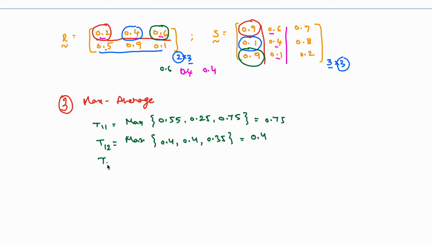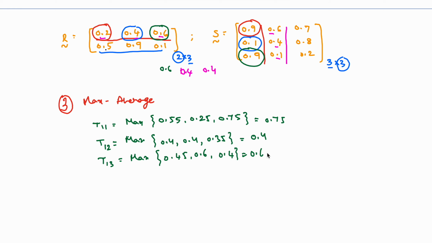Coming to T13, it is the maximum of 0.2 and 0.7, which is 0.45, comma 0.6, comma 0.4.